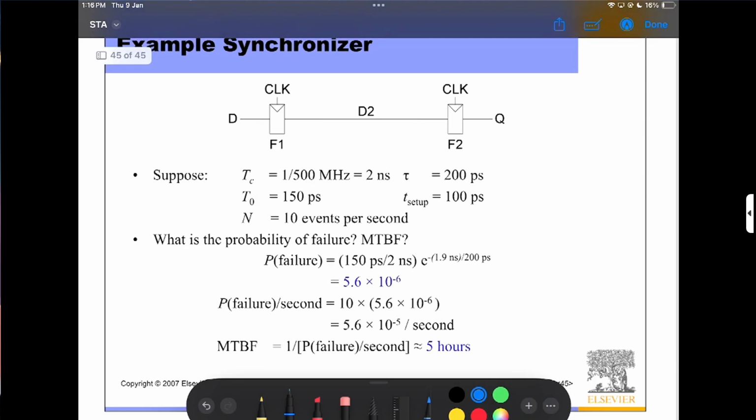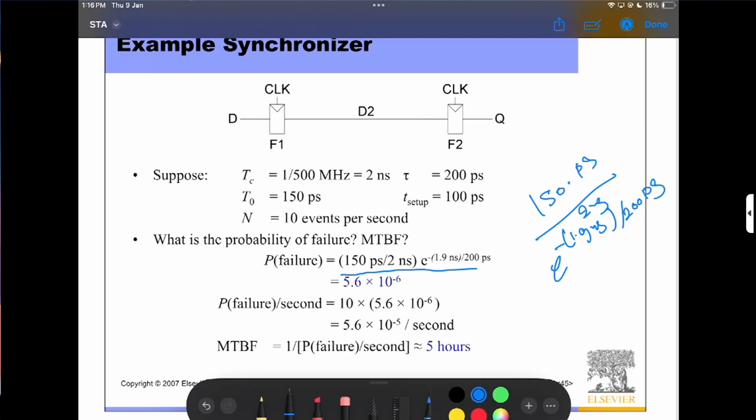Let's see. MTBF is 1 by P failure per second. So P failure is 150 picosecond by 2 nanosecond, into e to the power minus 1.9 nanosecond by 200 picosecond. Basically, where do I get 1.9 nanosecond?